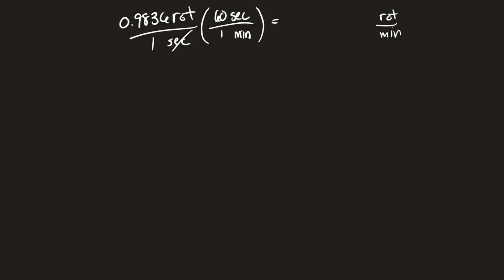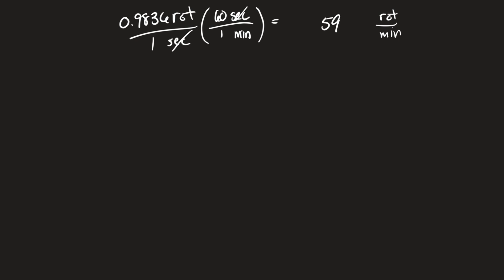When I do this, seconds will cancel out, and I'll be left with rotations per minute. So I just need to multiply my number by 60, and I get 59 rotations per minute. Everybody good there? Any questions about that?